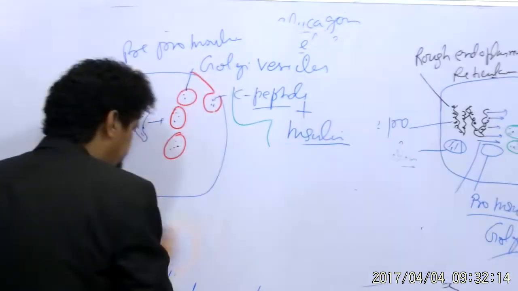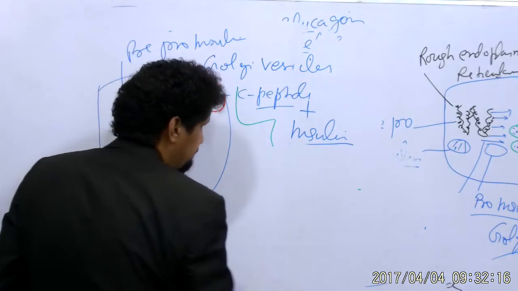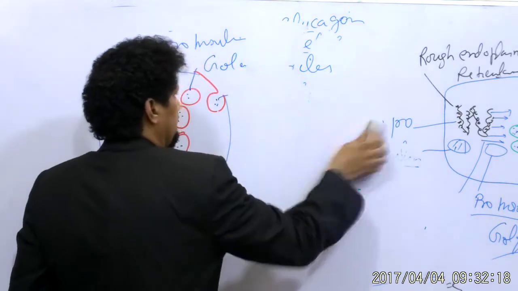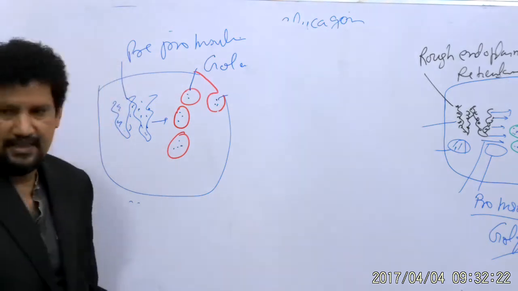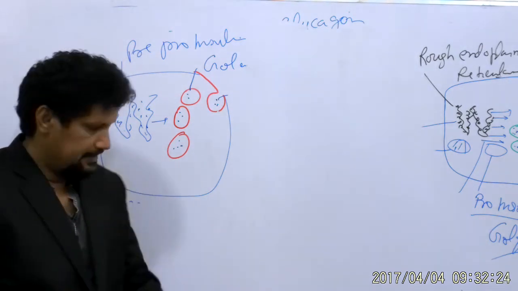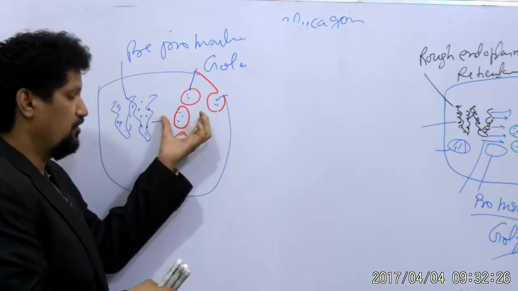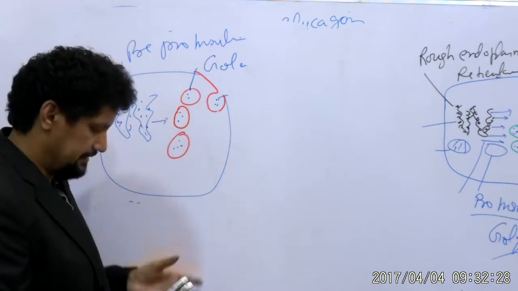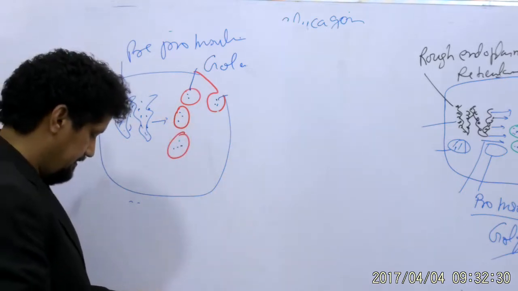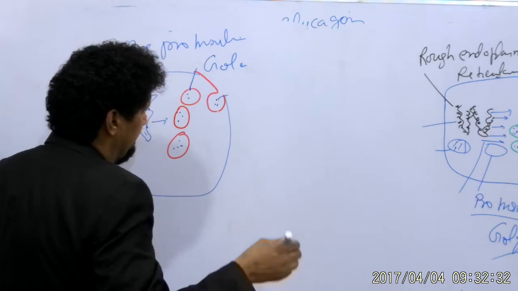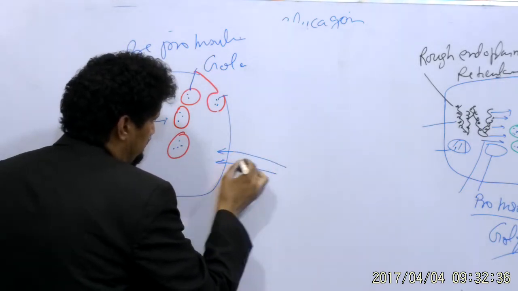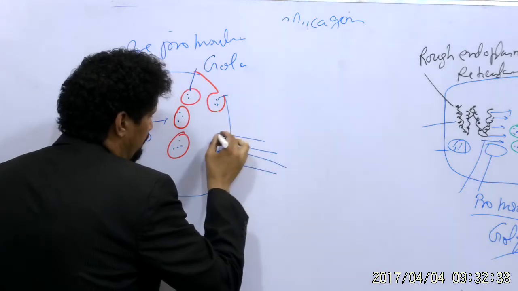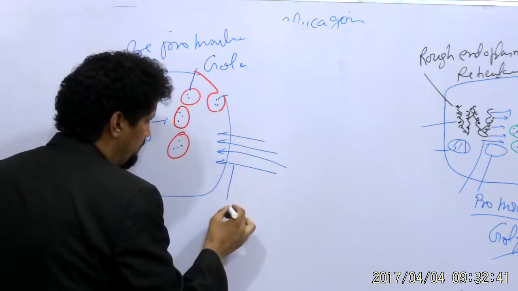It has a little complicated mechanism. How is this insulin secreted from the beta cell? After formation and packaging in the Golgi vesicle or secretory vesicle, the glucose is entering the cells by a glucose transporter known as GLUT2.